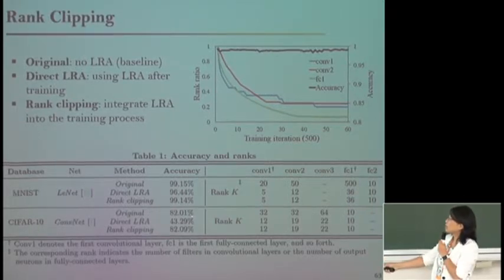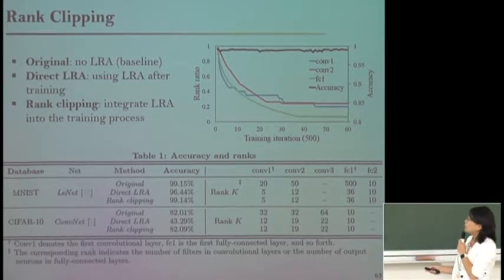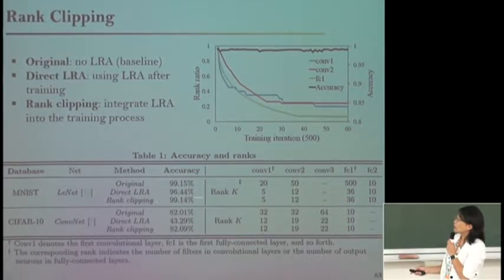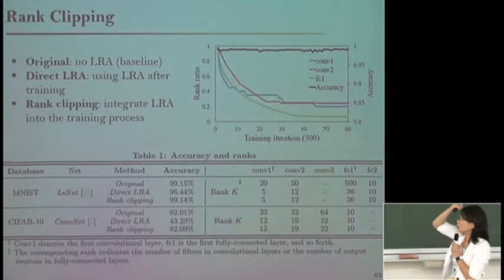This difference can actually be taken as random errors. Talking about the rank, for all these layers, as you can see, direct LRA and rank clipping have similar rank k on each layer, meaning the implementation cost is close or exactly the same for the ideal expectations.